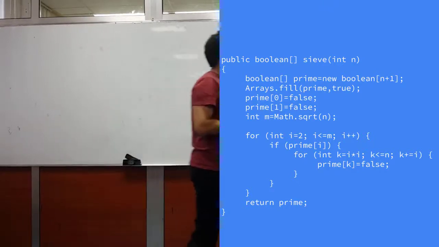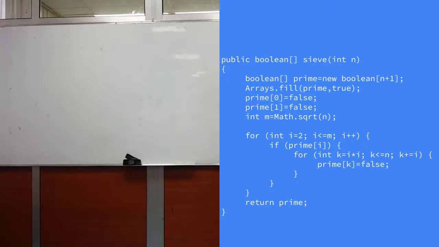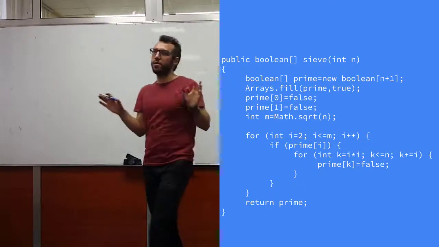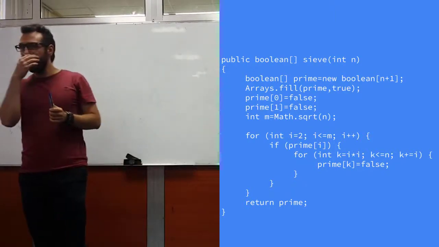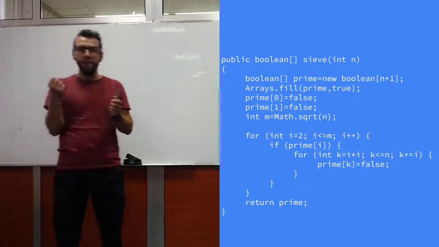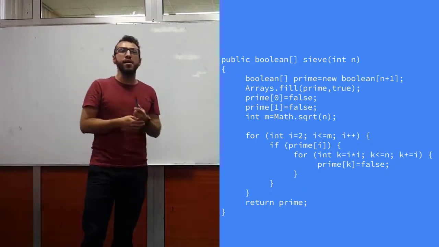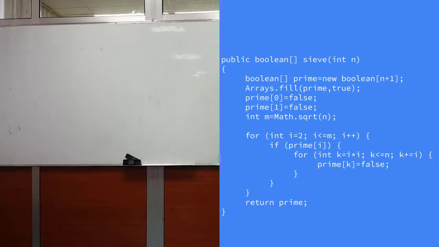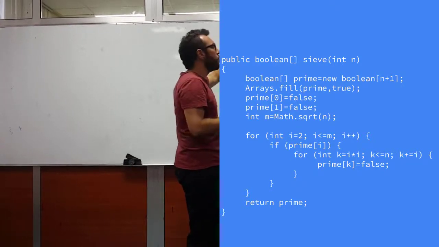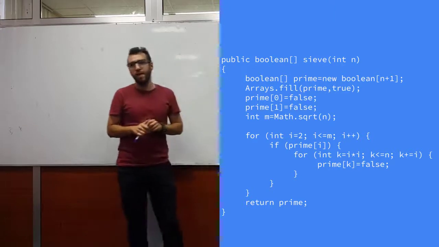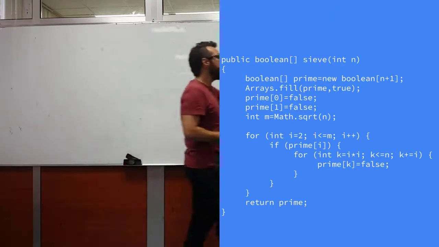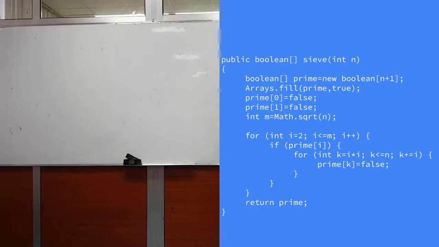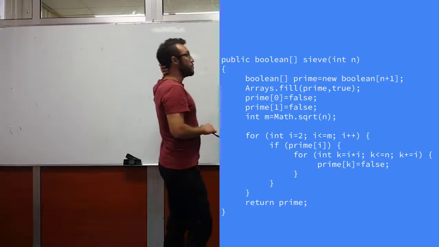So now let's take a look at the code. At the beginning, all the numbers are prime for us. Because this time, instead of trying to find the prime numbers one by one, we are eliminating the numbers that are not prime. So everything starts by default as true. And at the beginning, obviously, we know that 0 and 1 are not primes, right? So this is kind of our base case. And then we mark them as not prime.